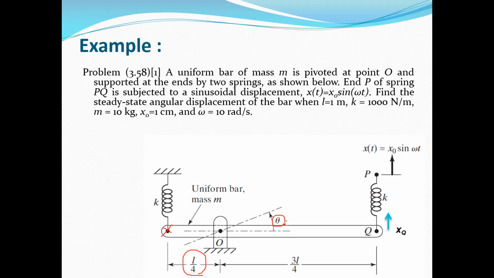And we can find the force in the left spring, and it's equal to K times the displacement of this edge, which is L over 4 theta. And finally, the force is equal to K times L times theta divided by 4. This is the force in the spring. Now we can plot the free body diagram, and we can write the moment equation about point O and extract the equation of motion for this system.